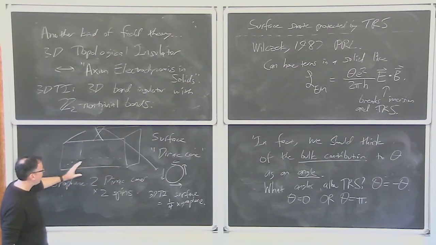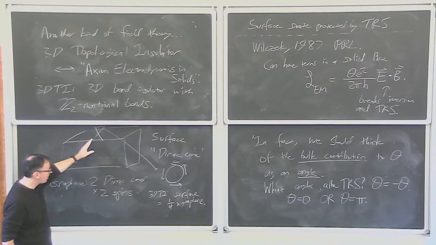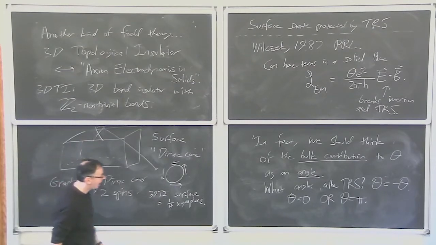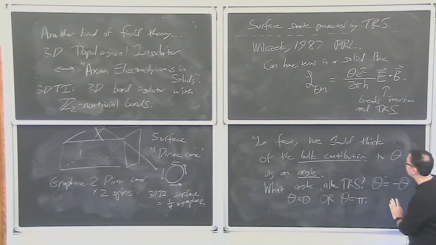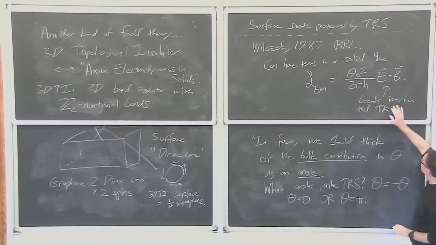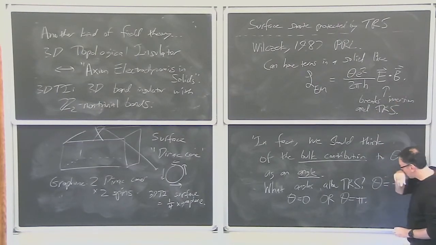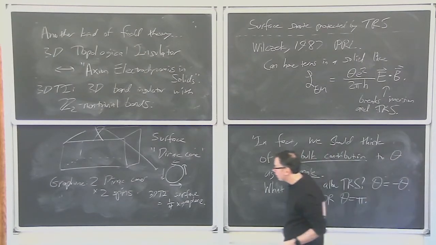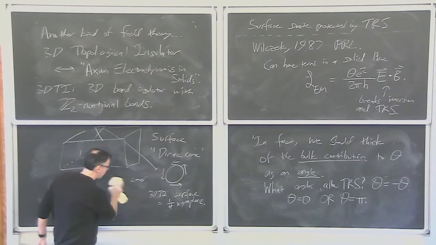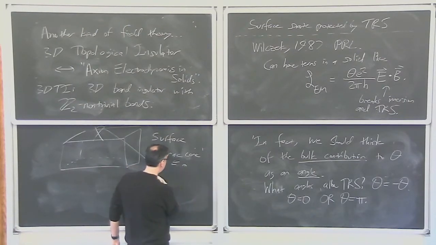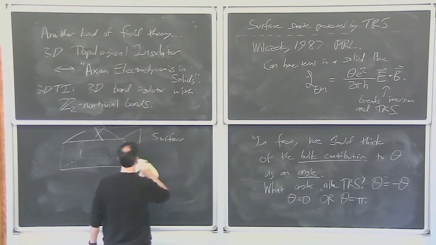So I want to make a connection between having an odd number of surface Dirac cones and having theta equal to pi. And the way that field theory comes in, and for now it's a simple electromagnetic field theory, is: how is E dot B related to what's going on at the surface? And this is why E dot B is very special compared to E cross B or others.